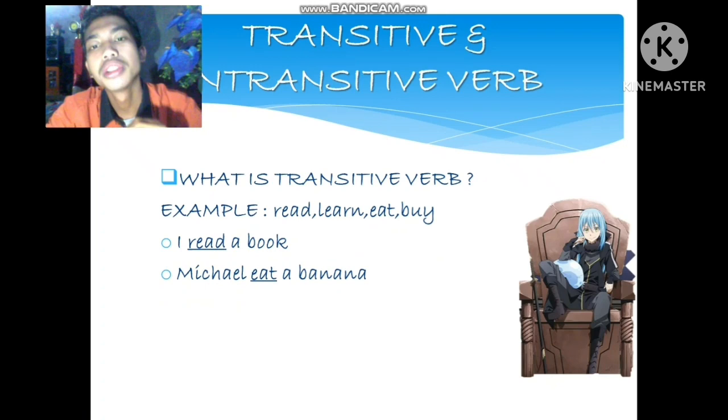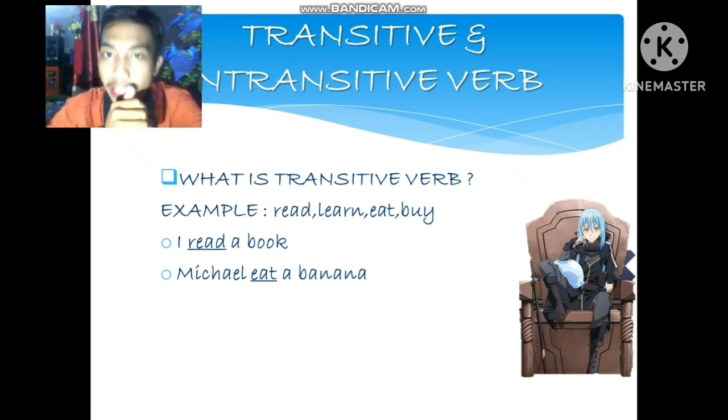The examples are read, learn, eat, and buy. The example sentences are I read a book, Michael ate a banana. Eat and read in here need an object. If we just write I read, Michael ate, then people don't know what I read and what Michael ate. So we need an object like a book or a banana.